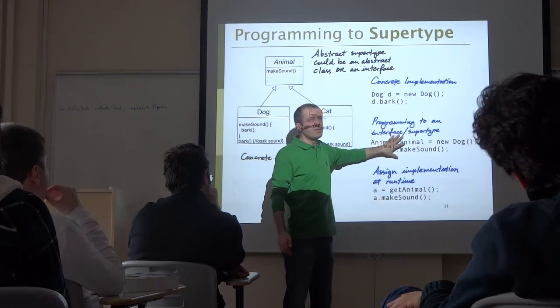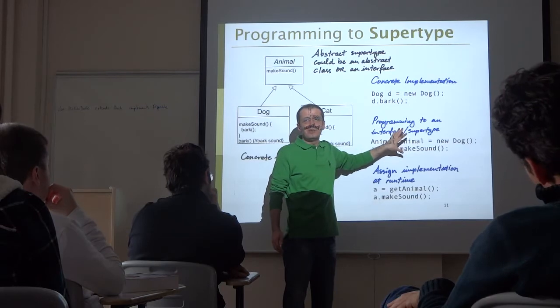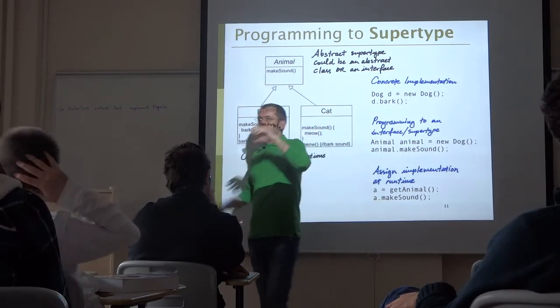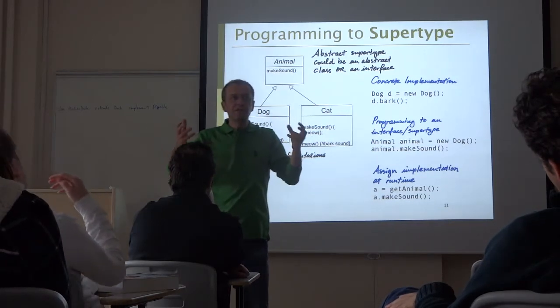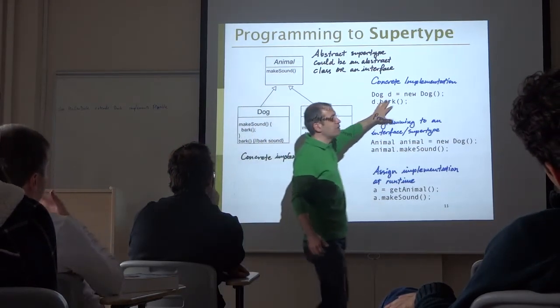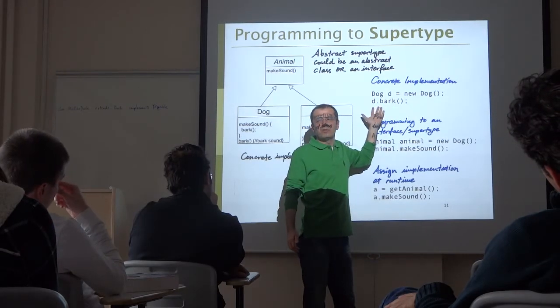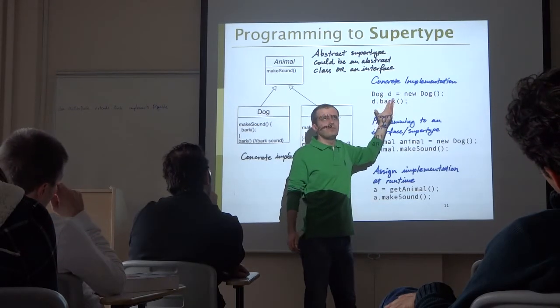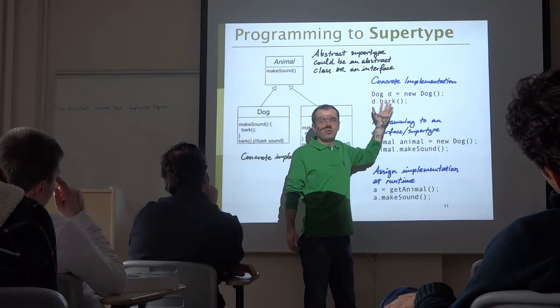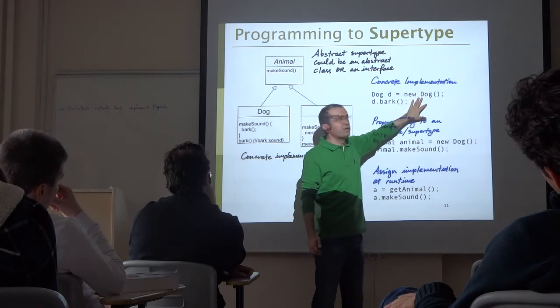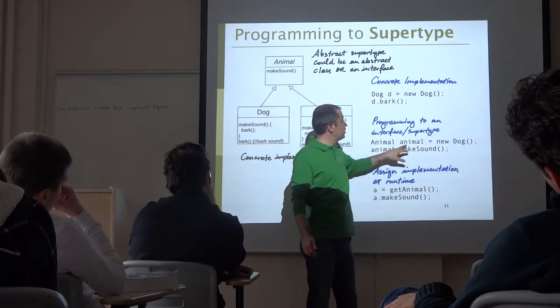So this gives us flexibility when I program to the interface. Of course, if I'm designing my world with an interface, then I wouldn't be using this kind of constructor line to instantiate an object. I would be using this.